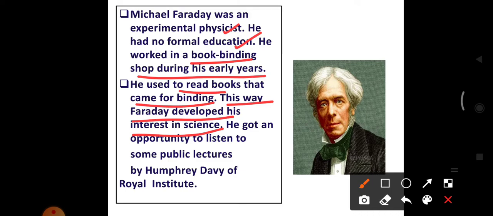He got an opportunity to listen to some public lectures by Humphrey Davy of the Royal Institute. So he is one of the English physicists, but he had no formal education. He did not complete any degrees.